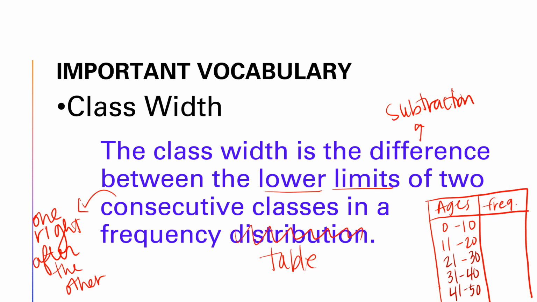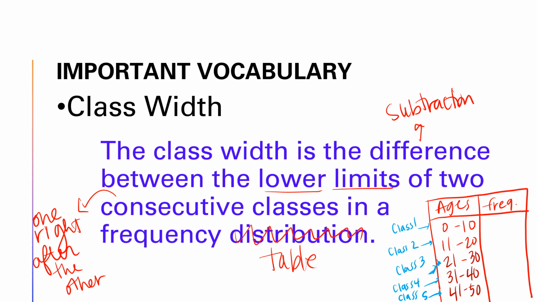The classes refer to each one of these little ranges. You might call this one class 1, this one class 2, this 21 to 30 class 3, class 4 would be 31 to 40, and class 5, 41 to 50.